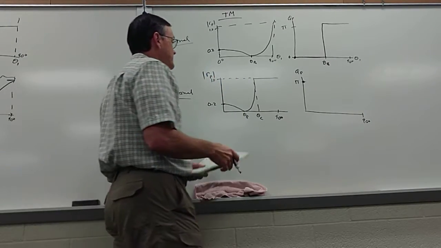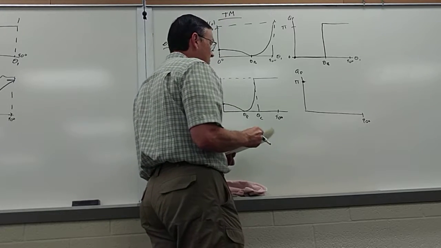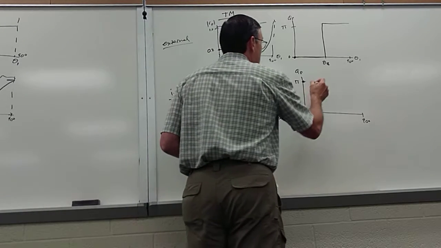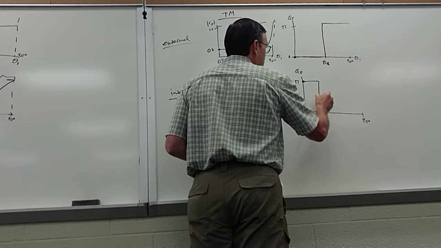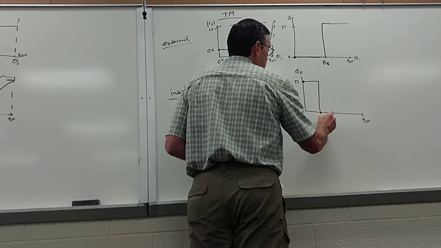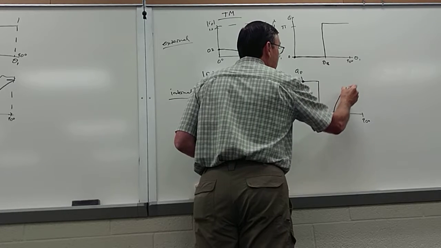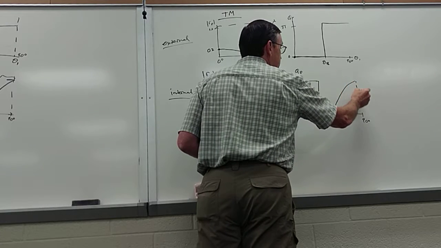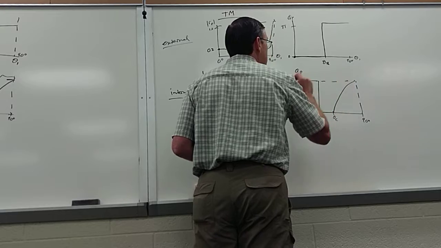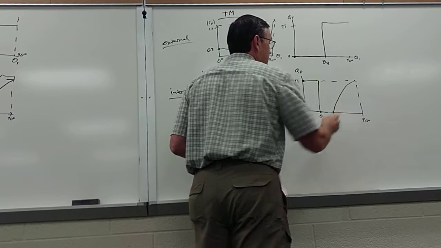And then over here, what happens is we're at pi, and then we go to 0 at the Brewster angle, and then over to the critical angle, and then it does something until it gets back to pi at 90 degrees.